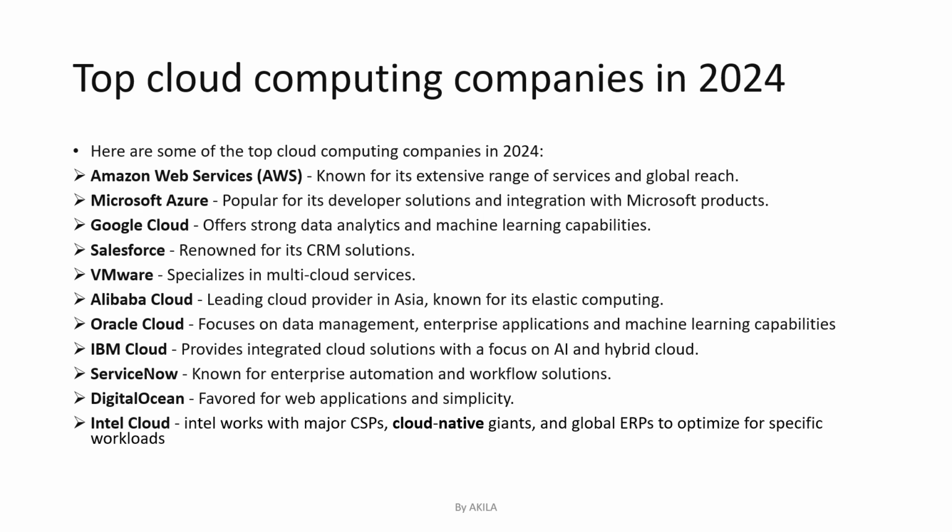So these are the different companies available for cloud. These are the top ones. Other than that, there are many companies also, but the top priority in cloud computing in 2024 is these.